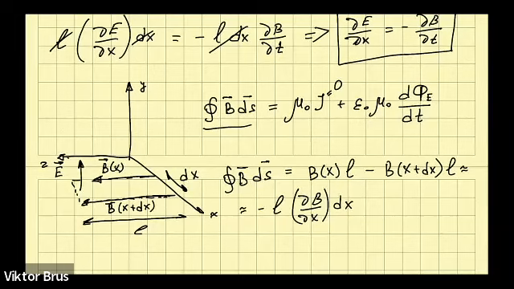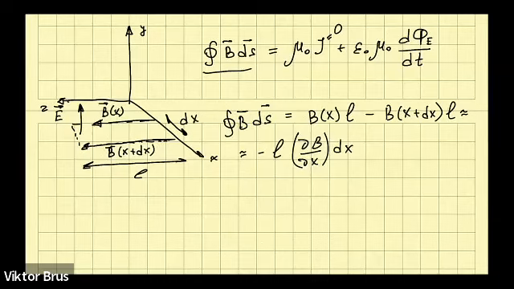So this is the left side of the fourth Maxwell equation, and we need to think about the right side.